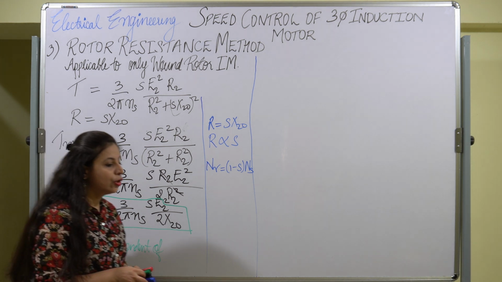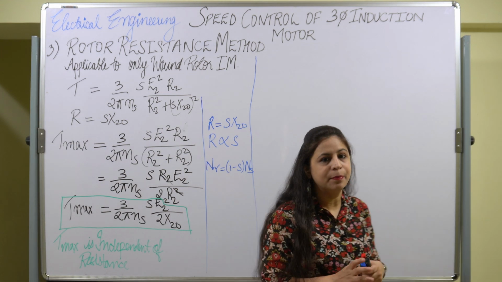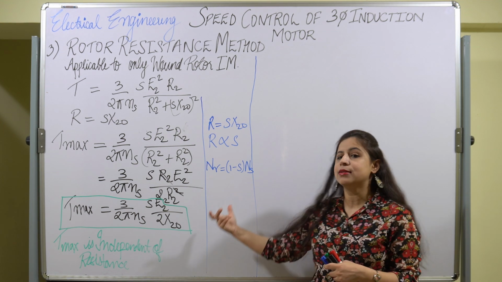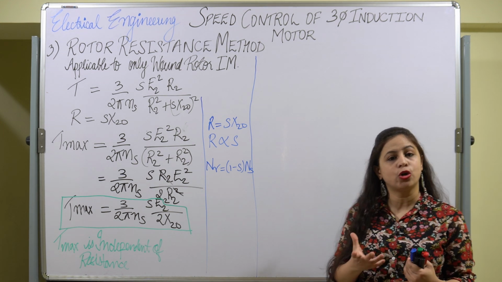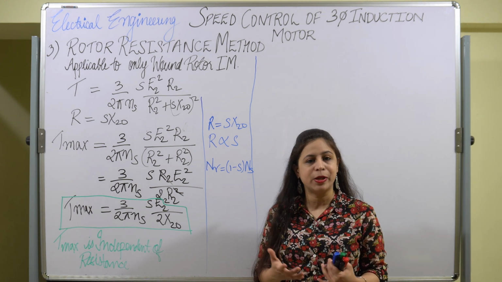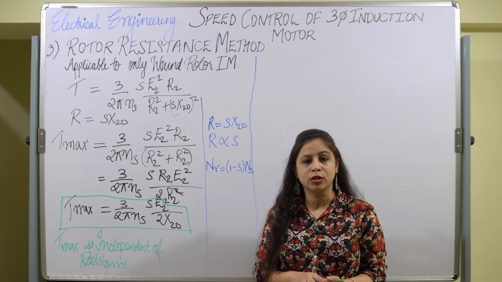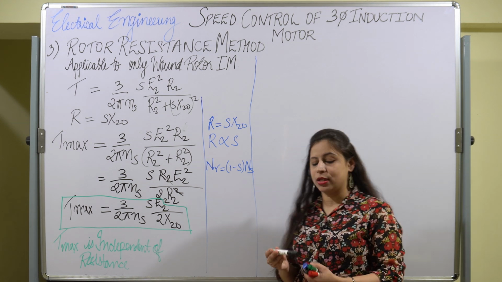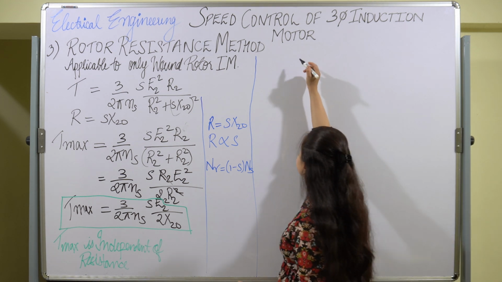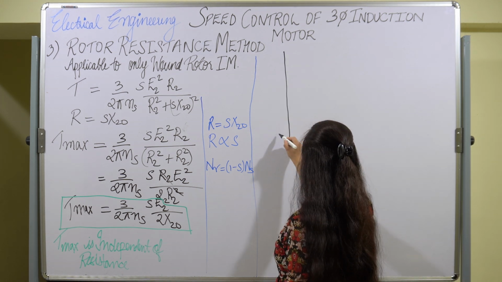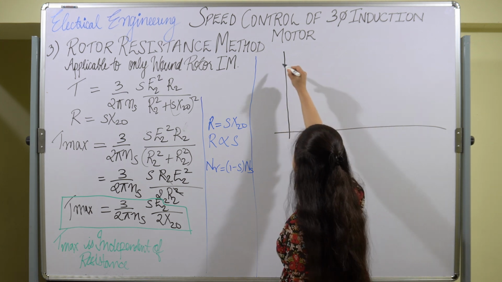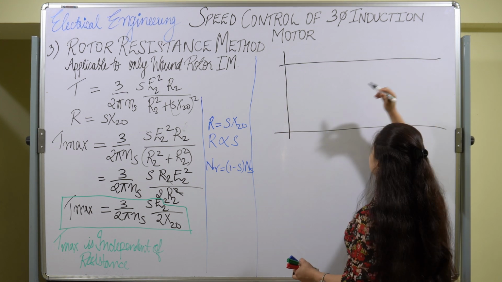So let us draw the torque slip characteristics in order to understand this concept. We have already seen the torque slip characteristics and torque speed characteristics. So let us draw the torque slip characteristics first. Let us say I'm having my Tmax over here.